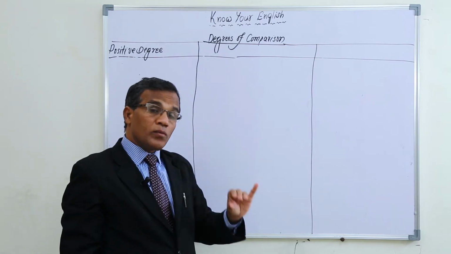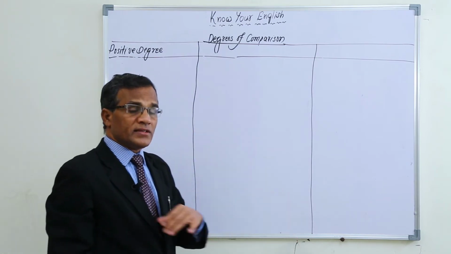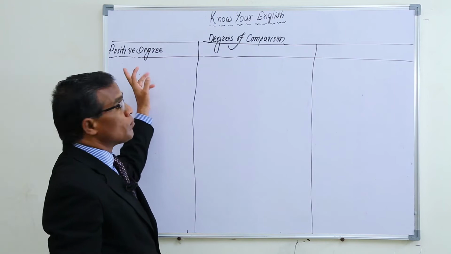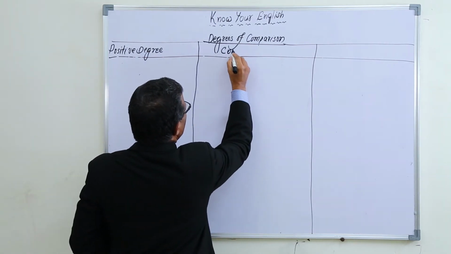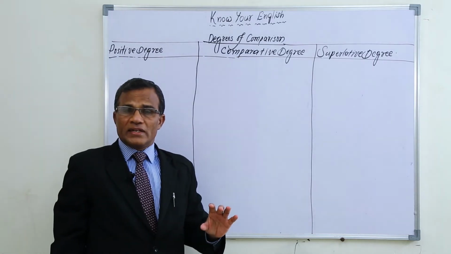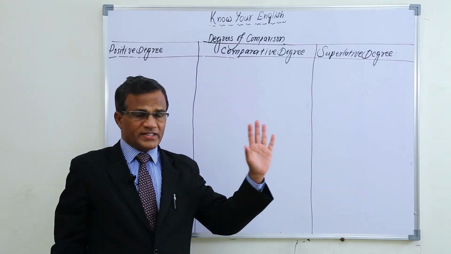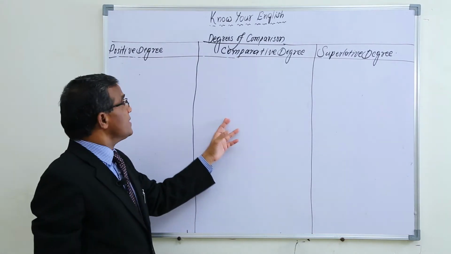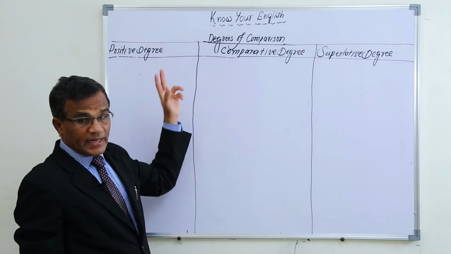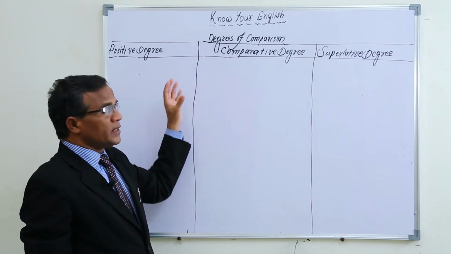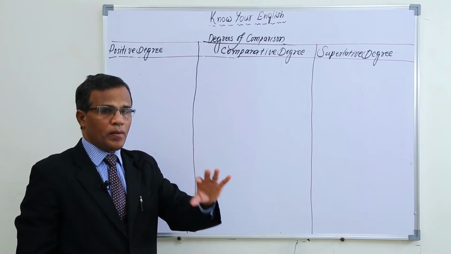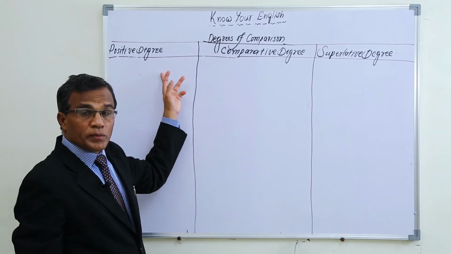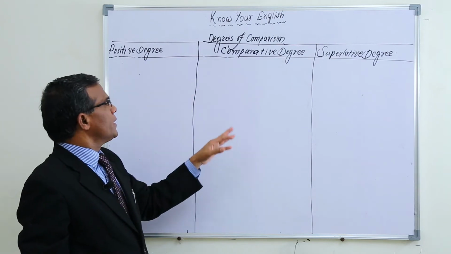The positive degree form we are using in that sentence, so the sentence is called positive degree. The first sentence we have given here is in positive degree. The form we used in that sentence is the positive degree form, and the sentence is said to be in positive degree.